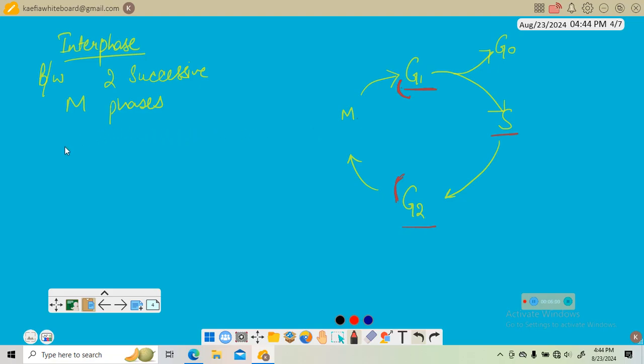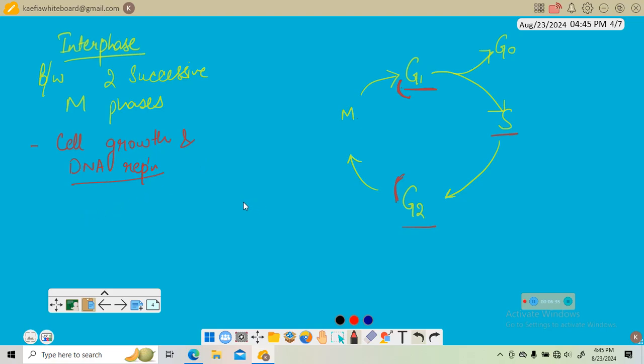Here the cell is prepared for division. There is cell growth, and then comes DNA replication. Replication occurs in S phase, not in either of the other two, G1 or G2.